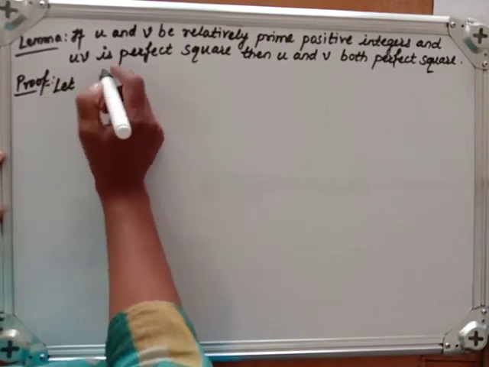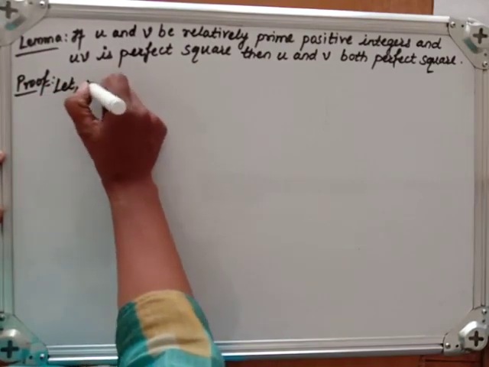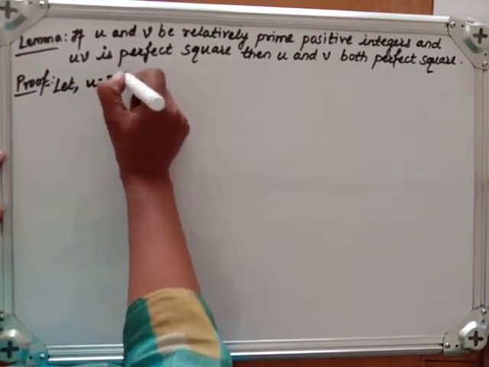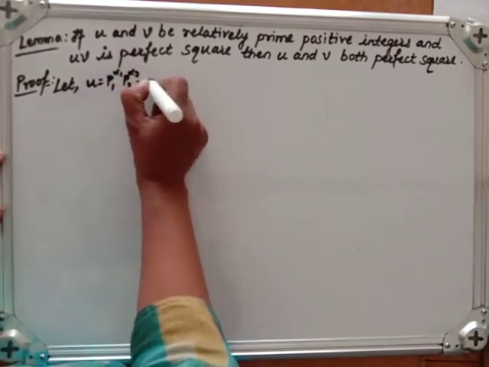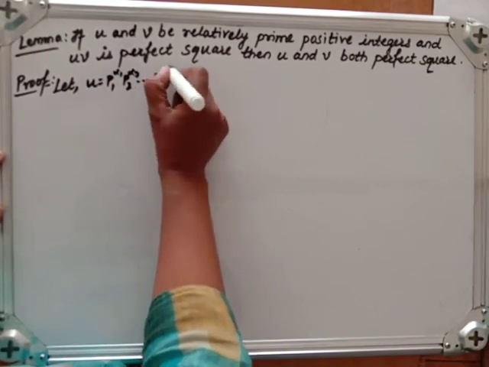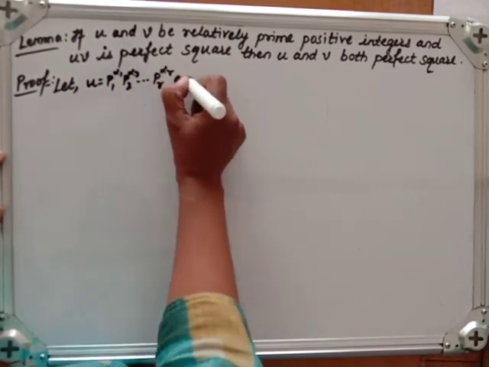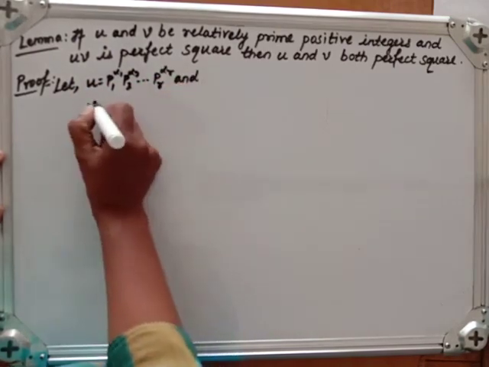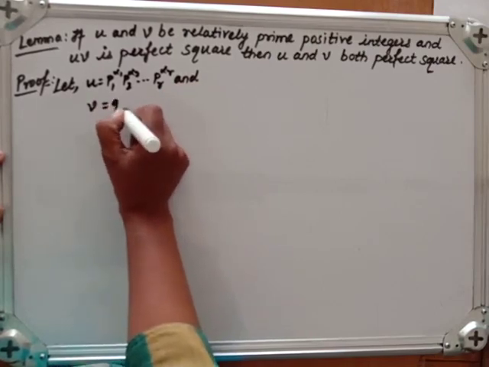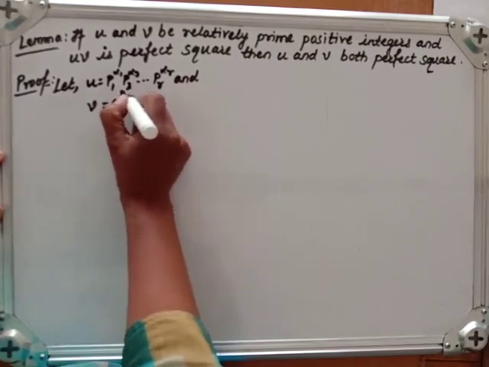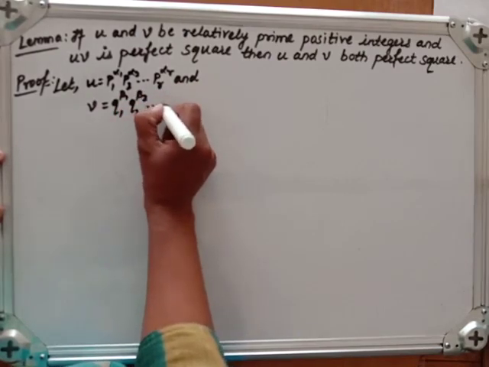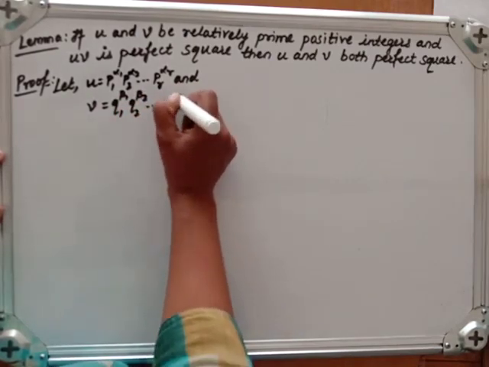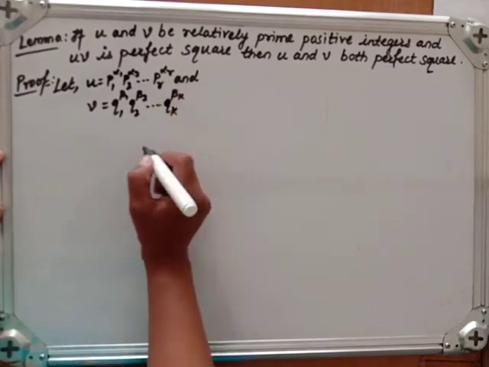Let U equal to P1 raised to alpha 1, P2 raised to alpha 2 and so on up to PR raised to alpha r, and V equal to Q1 raised to beta 1, Q2 raised to beta 2 and so on up to Qk raised to beta k.